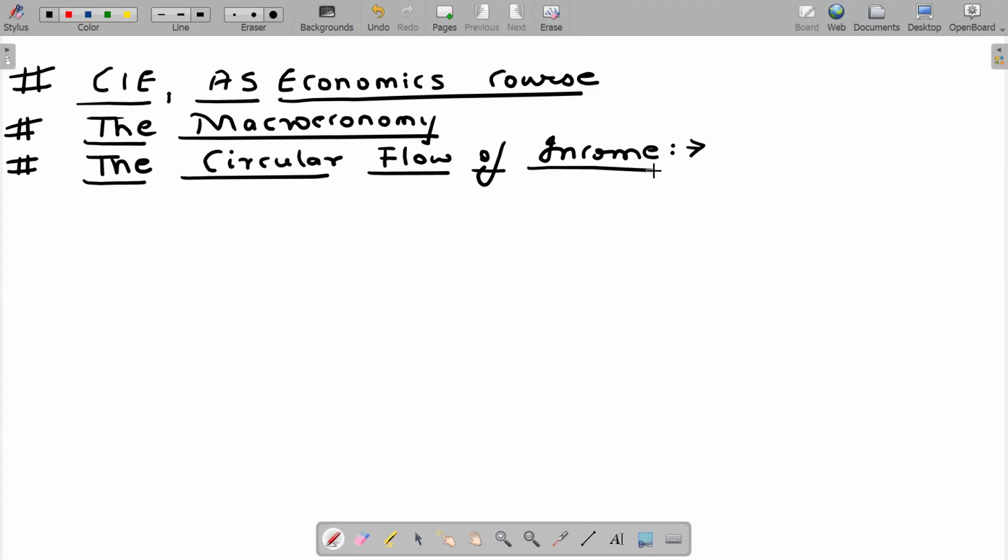Okay. So let's quickly, first of all, understand what does the circular flow of income model show.